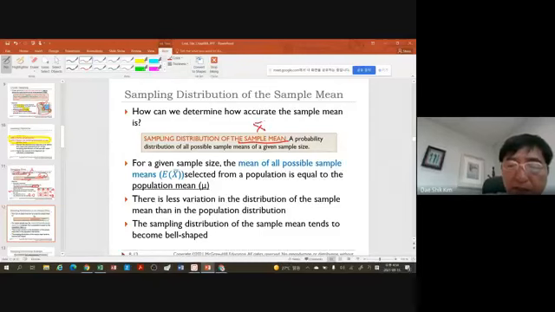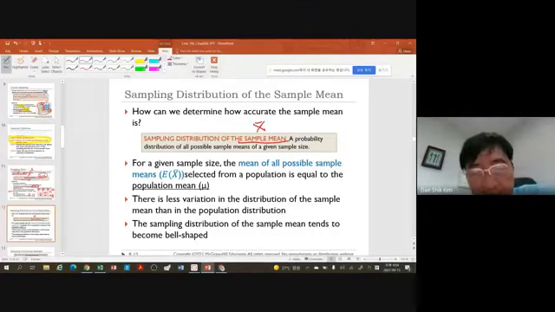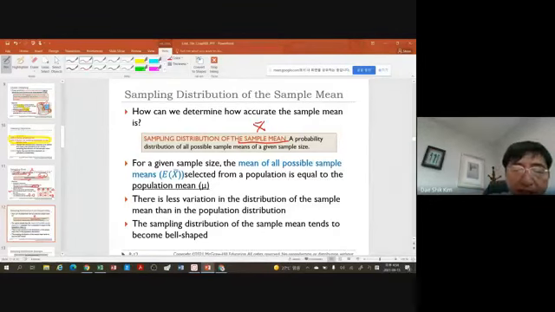What is the distribution of x bar? Probability distribution of all possible sample means of a given sample size. So what is E of x bar? Our textbook says mu x bar, but I use E for expected value.